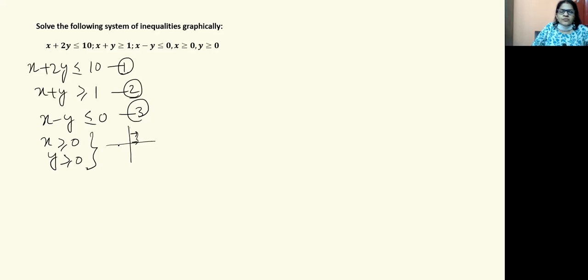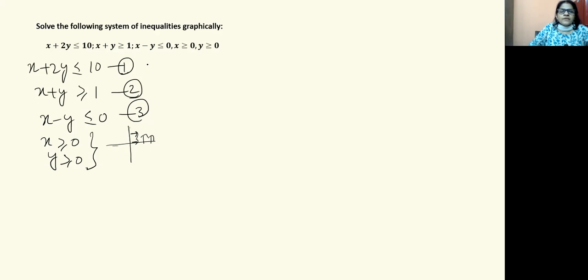Y equal to 0 means it is on the x-axis, and y greater than 0 means it is above the x-axis. So when x and y are both greater than or equal to 0, the solution portion will be in the first quadrant. That is one observation.